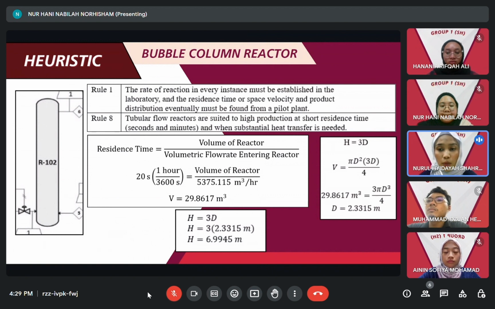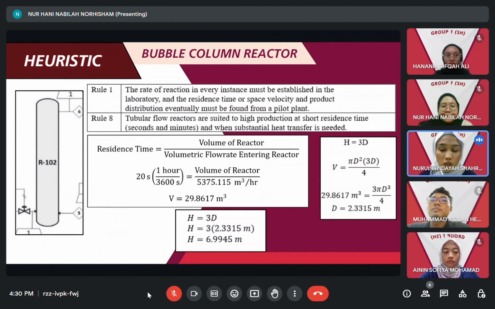For rule number 1, the rate of reaction in every instance must be established in the laboratory, and the residence time, space velocity and product distribution eventually must be found from a pilot plant. Rule number 8 says tubular flow reactors are suited to high production at short residence time, seconds to minutes, and when sufficient heat transfer is needed.